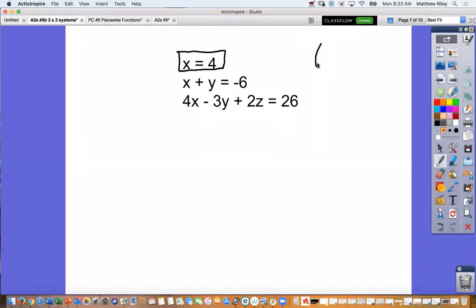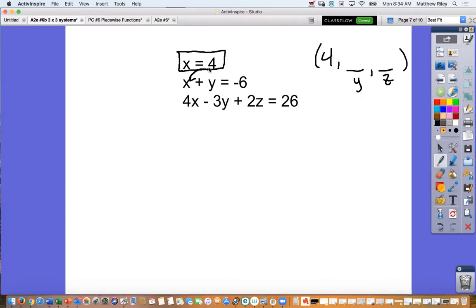So I know that it's going to be 4, something, something, right? You don't always have to end up canceling something out. But if I know what x is, 4, I can take that value and plug it in anywhere I see an x, and I can plug it into both of these.